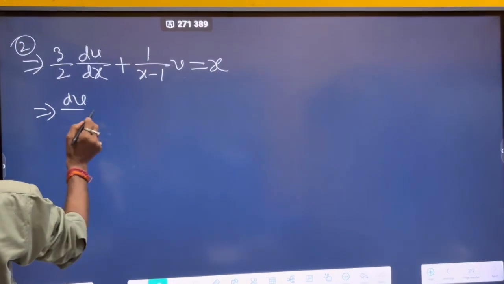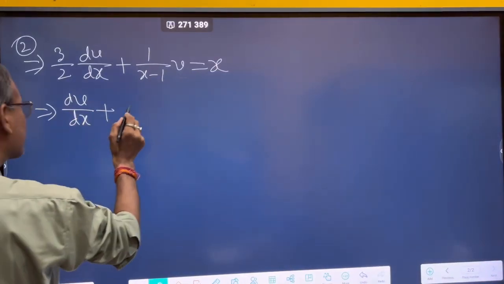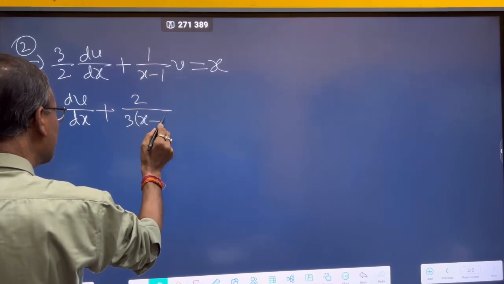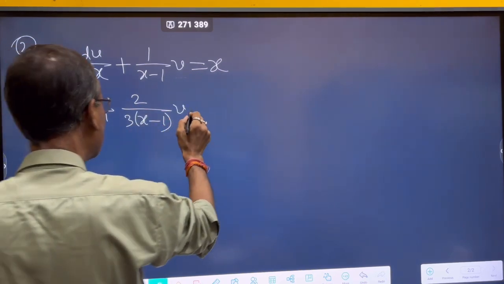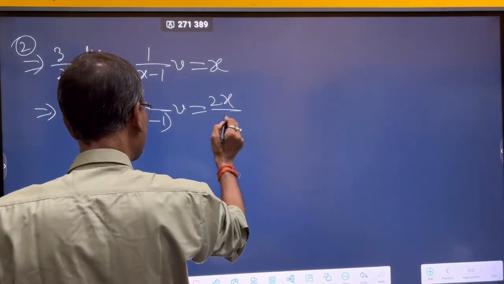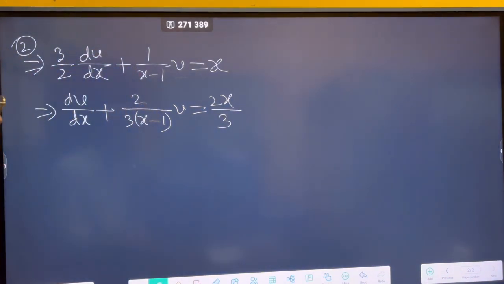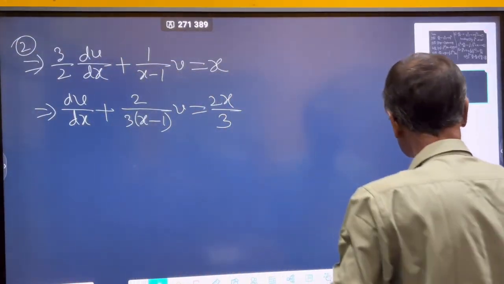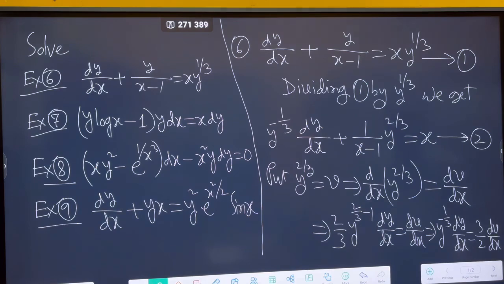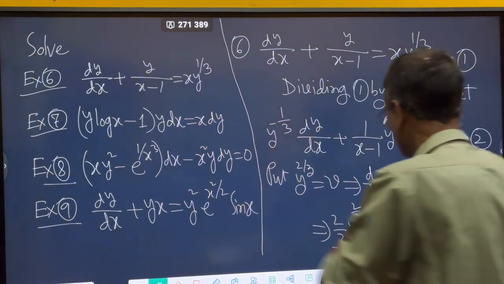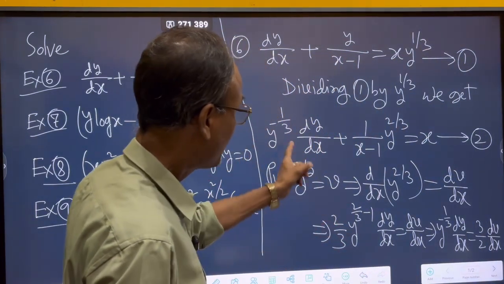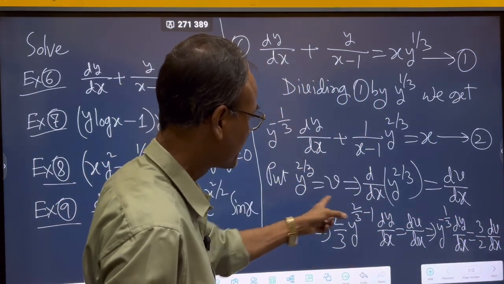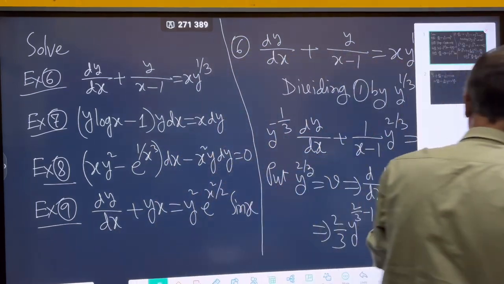This means dv by dx plus 2 by (3 times (x minus 1)) v equal to twice x by 3. For equation 2 we have written 3 by 2 dv by dx plus 1 by (x minus 1) v equal to x.